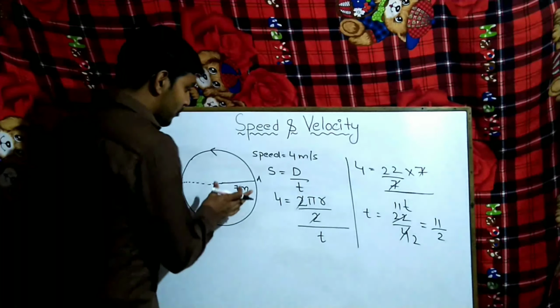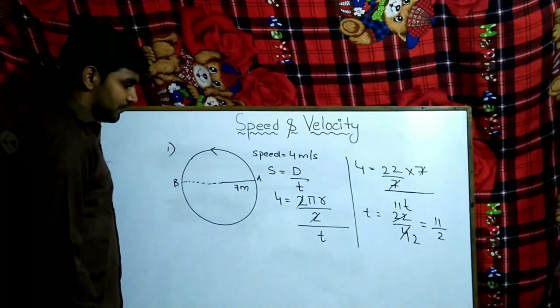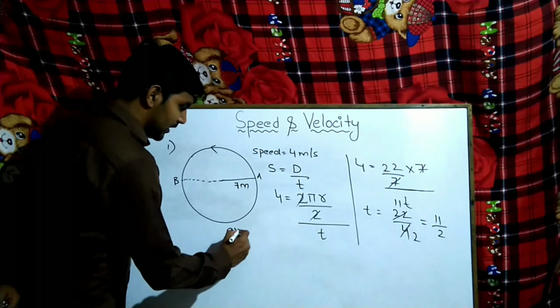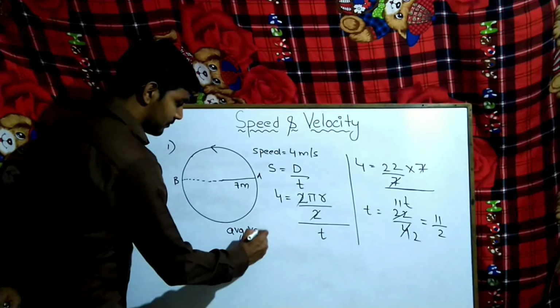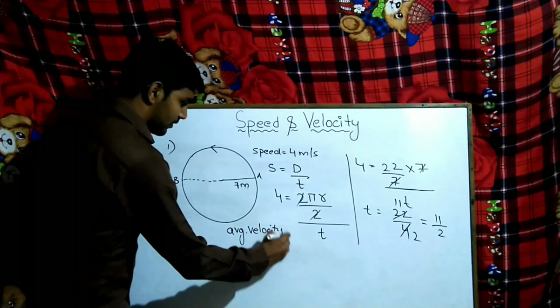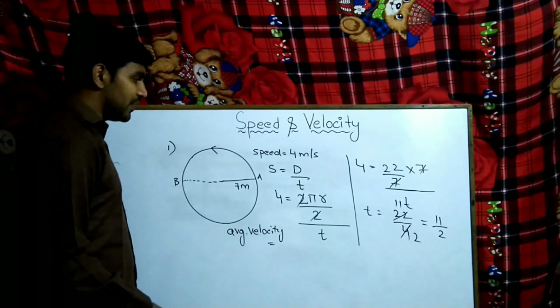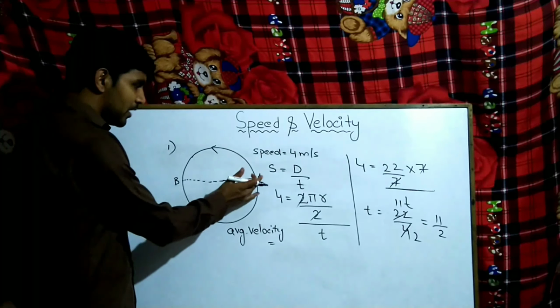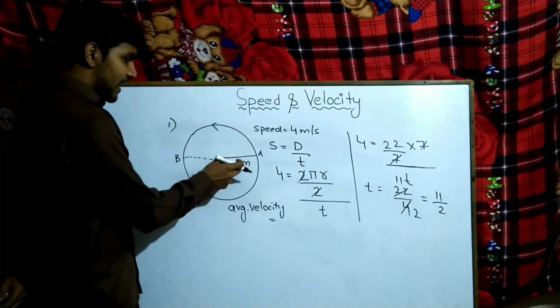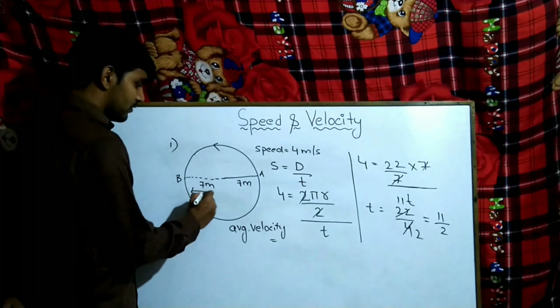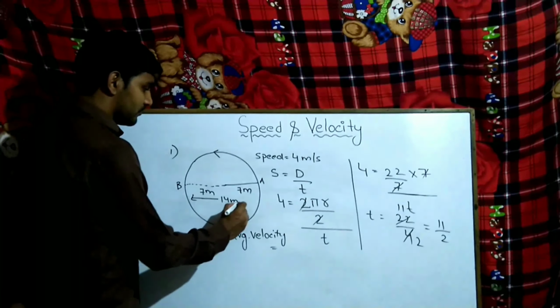Now we have to find the average velocity. Average velocity is equal to total displacement. What is the displacement from A to B? This is 7, and this is also 7, so the total is 14 meter.